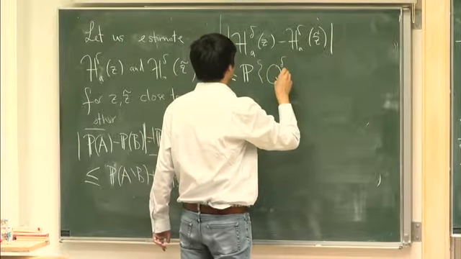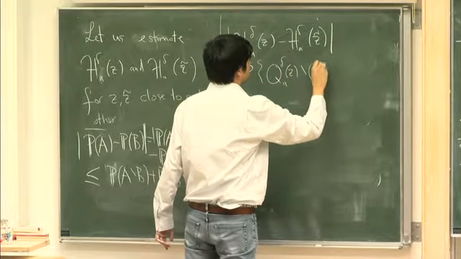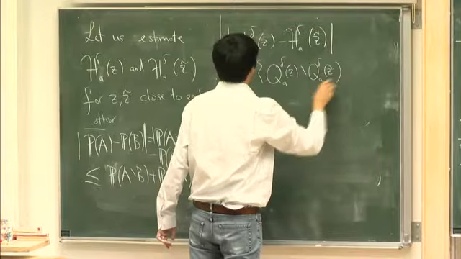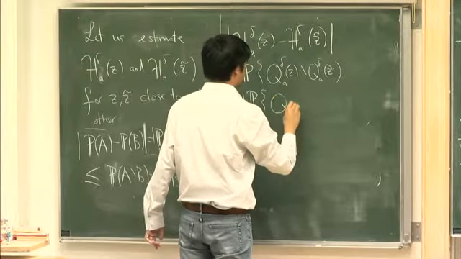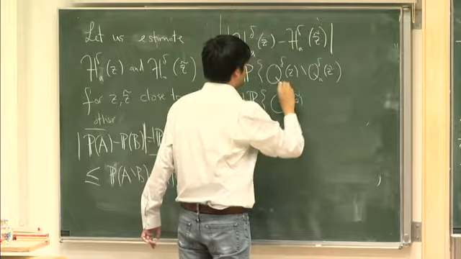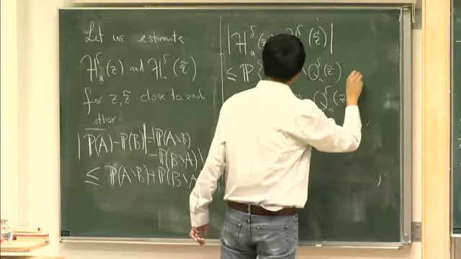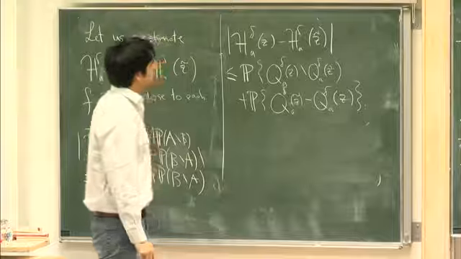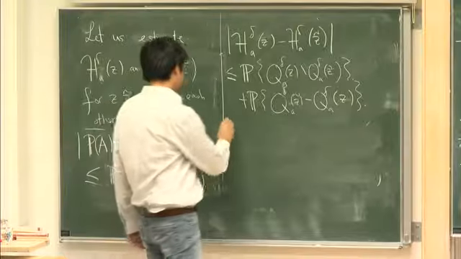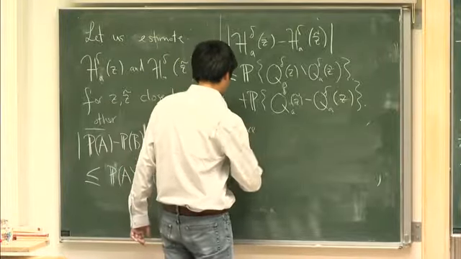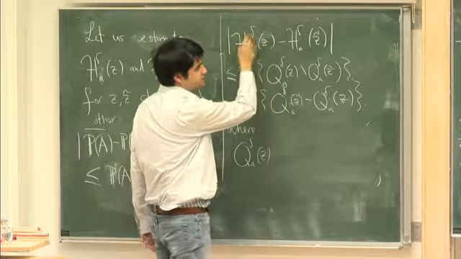I'm going to introduce a notation: the probability of Q A delta z minus Q A delta z tilde, plus the probability of Q A delta z tilde minus Q A delta z, where Q A delta z is the obvious event of which we are taking the probability.